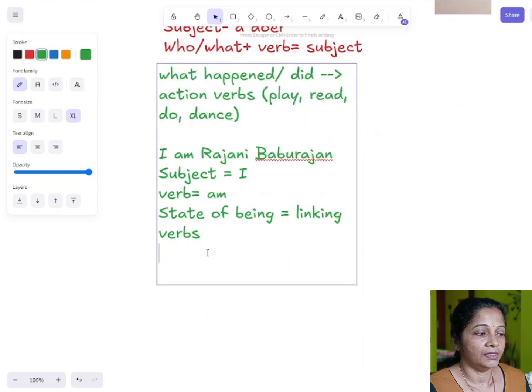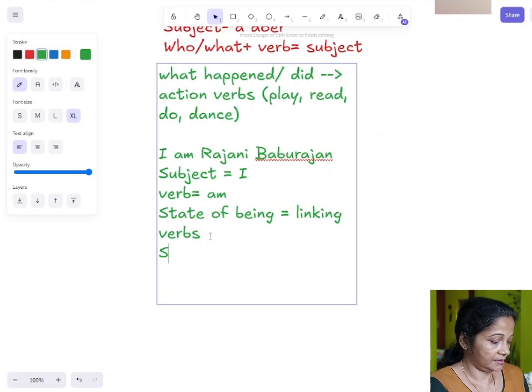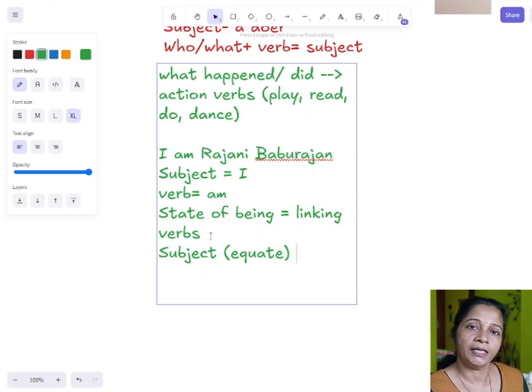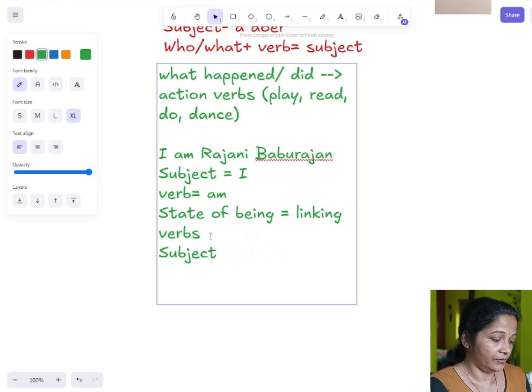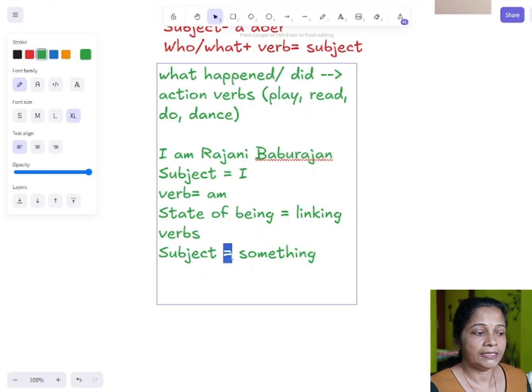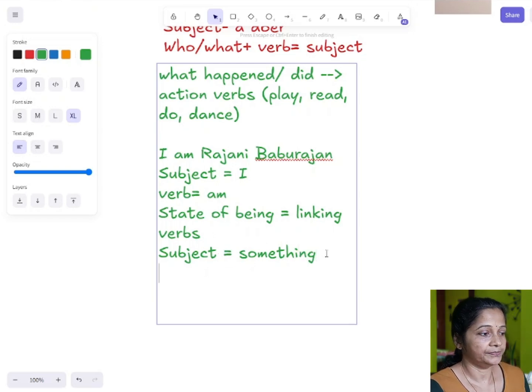So linking verbs are basically like subject is equal to. Equate means what? You say this is equal to that, or subject is equal to. Wherever you can put an equal to sign, then something else. Subject is equal to something. So wherever you can put an equal to sign, let me explain to you that.